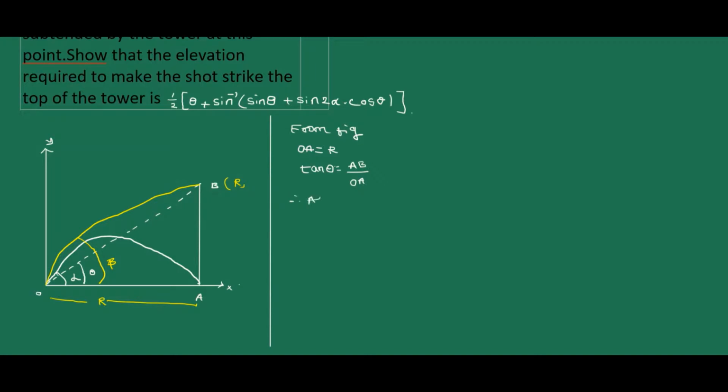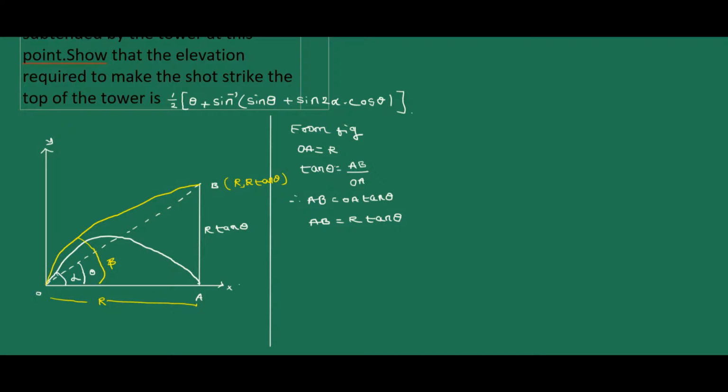Therefore, AB is equal to OA into tan theta. This is equal to R into tan theta. This is the value for AB, and AB is the tower. So in the figure, I will write AB is equal to R tan theta, which is the value of y, therefore the coordinates of the point B are R, R into tan theta.